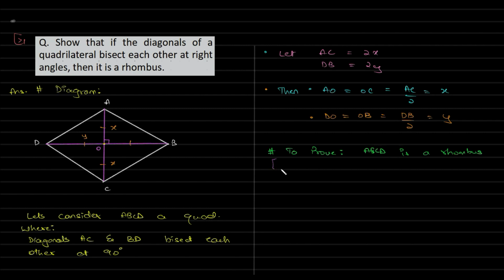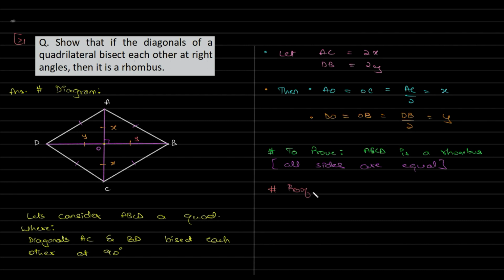So indirectly we have to prove that all sides are equal. If I prove that all the sides are equal, then we are done. So how do you prove that all the sides are equal? That's the question. We have to make use of congruency. Okay, it's quite simple. It's very clear from the diagram.